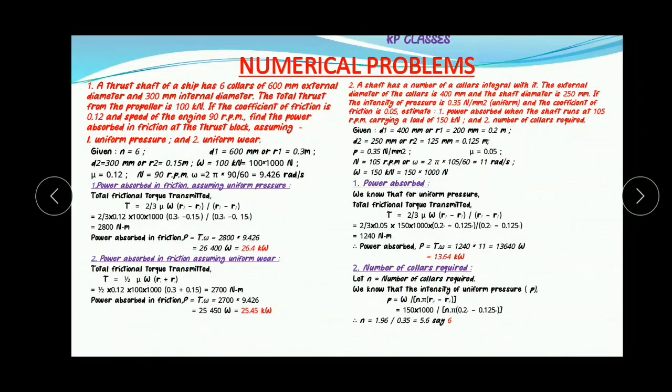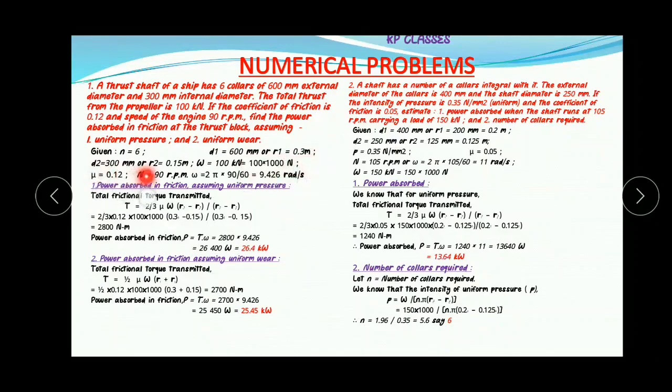First of all, find out what data are given. Here 6 collars, that means n equal to 6, it is a multi-collar bearing. D1 equal to 600 mm external diameter, therefore R1 equal to 300 mm, which is equal to 0.3 meter.